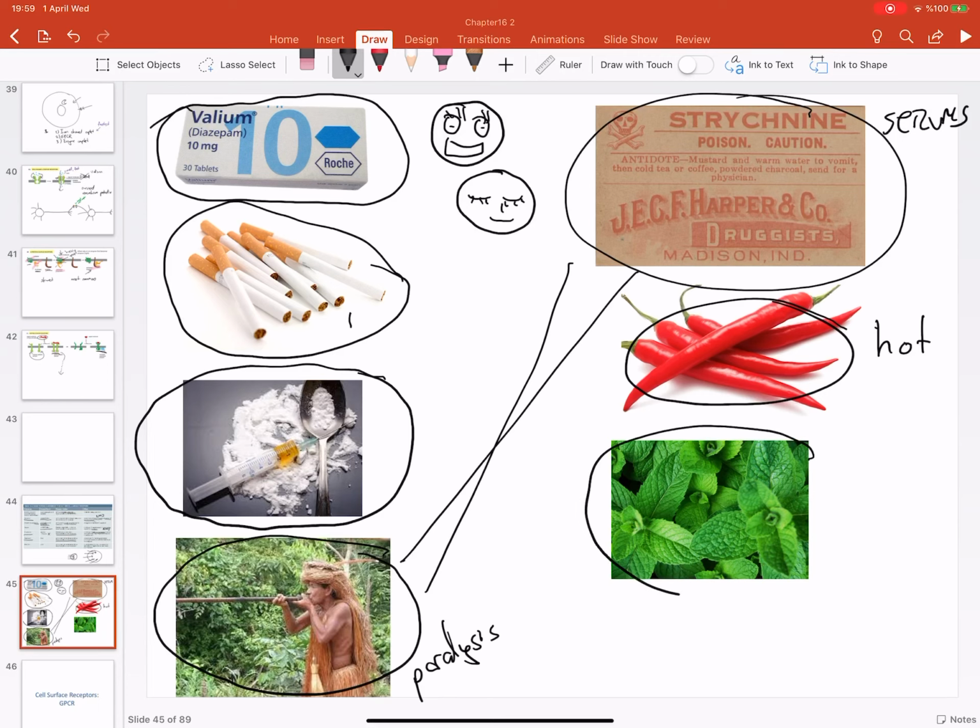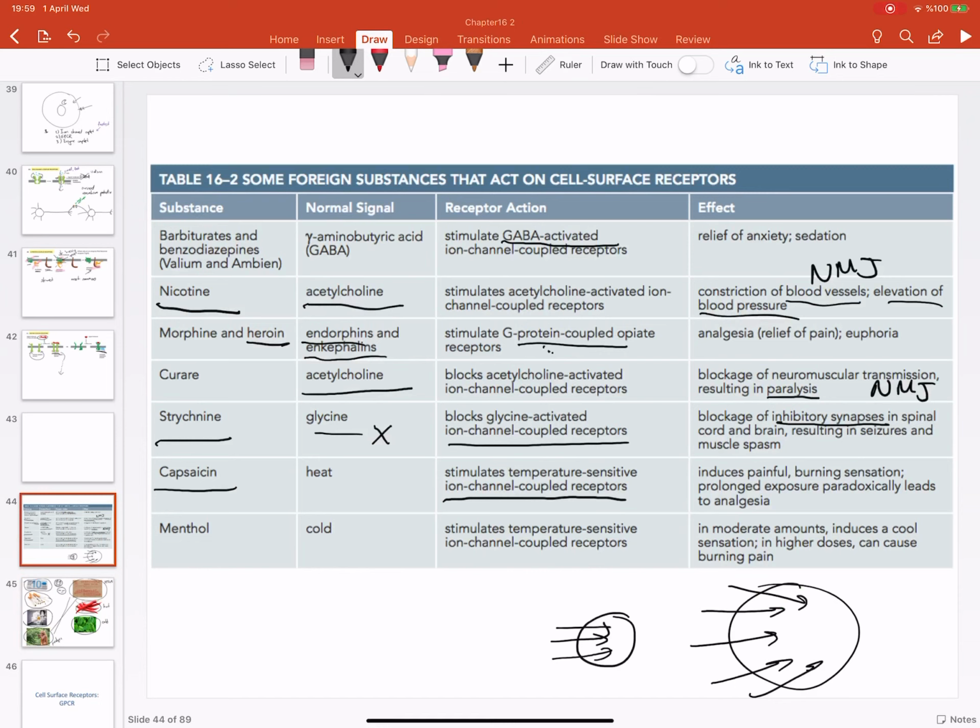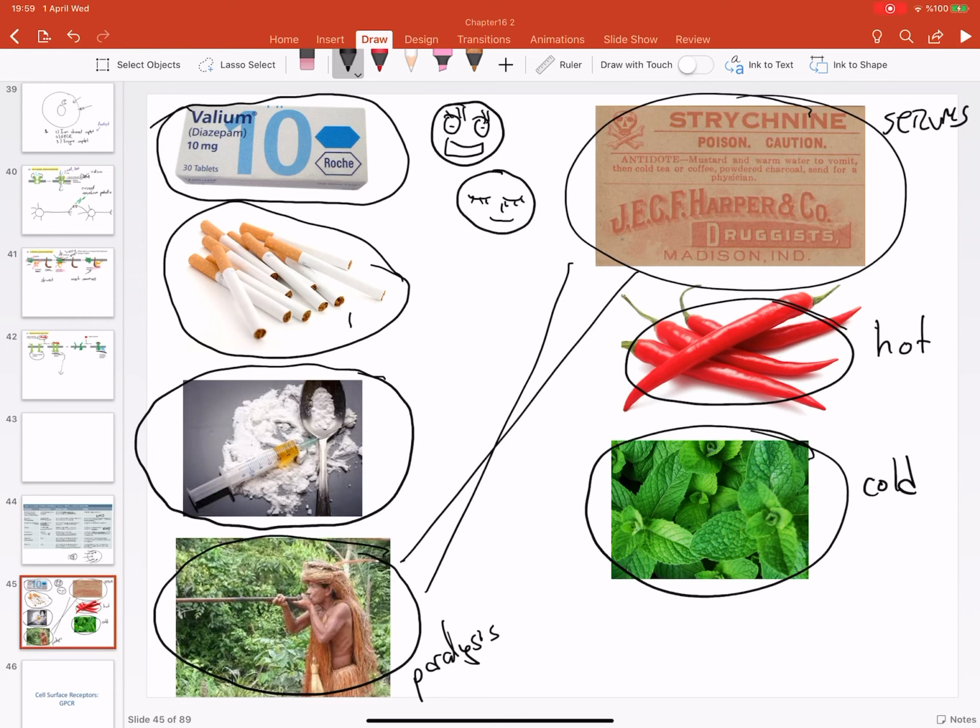And this is mint. Mint has the opposite effect, and it's working more or less in the same way. There are some other ion channel coupled receptors, and they are activated not by hot, but by cold. So when you have these mint candies, you feel cold, you feel refreshed because it is activating the cold sensitive ion channels.